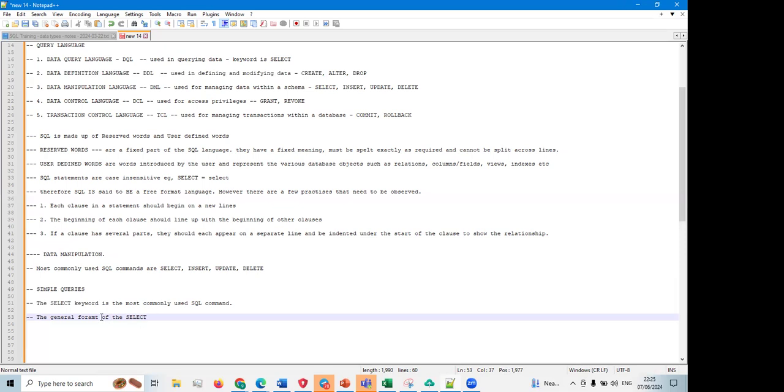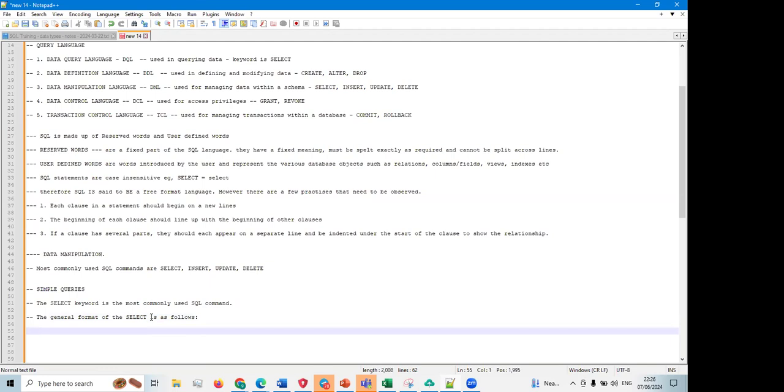The general format. So first of all, what is the format? Yeah, so we are now going into some proper things. The first thing is the select.